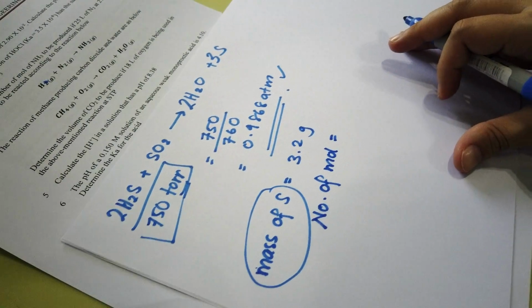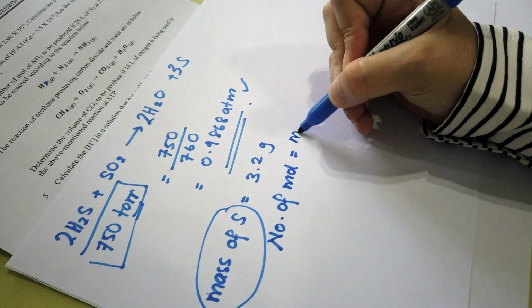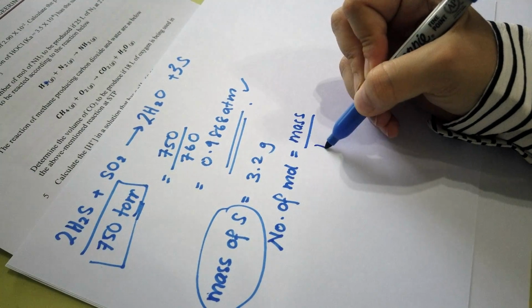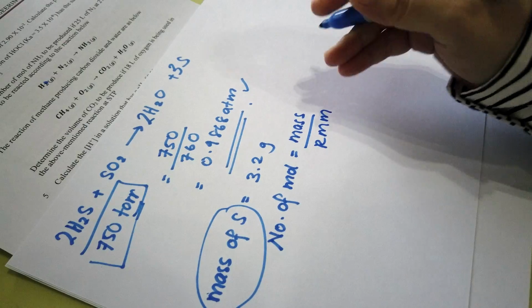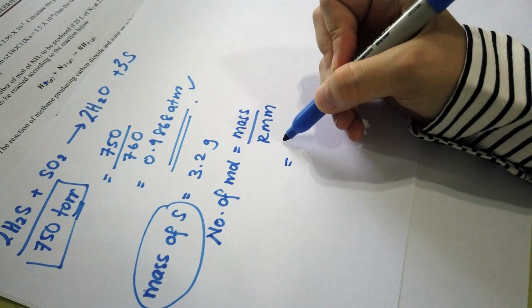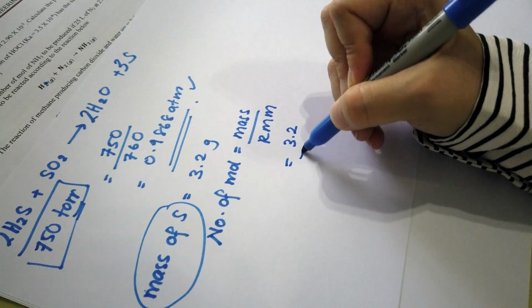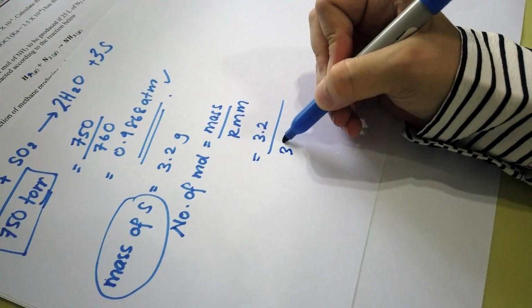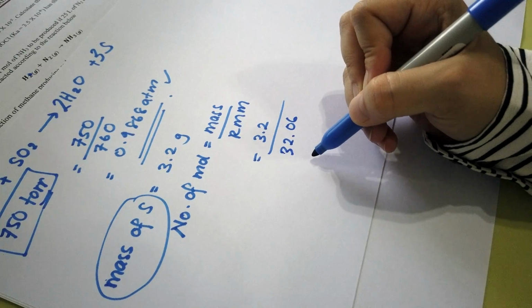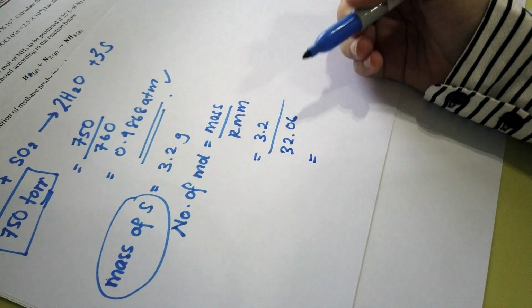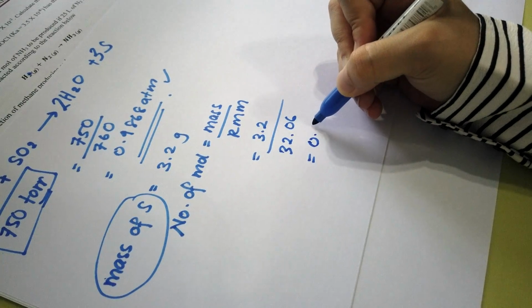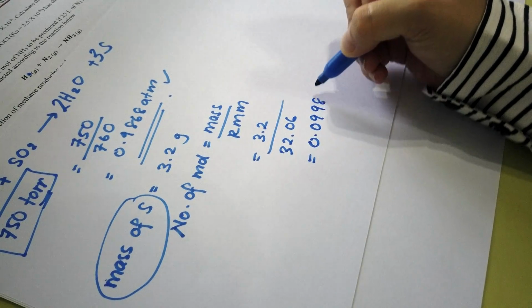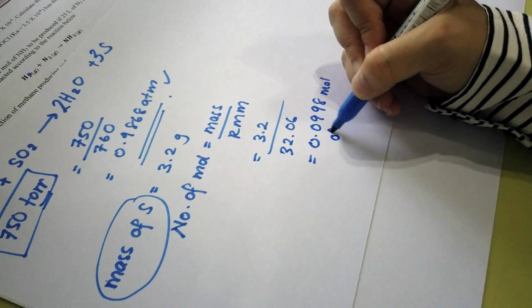The number of mole is equivalent to mass over RMM. The mass is 3.2, the RMM for sulfur is 32.06. So from the calculation, you should get 0.0998 mole of sulfur.